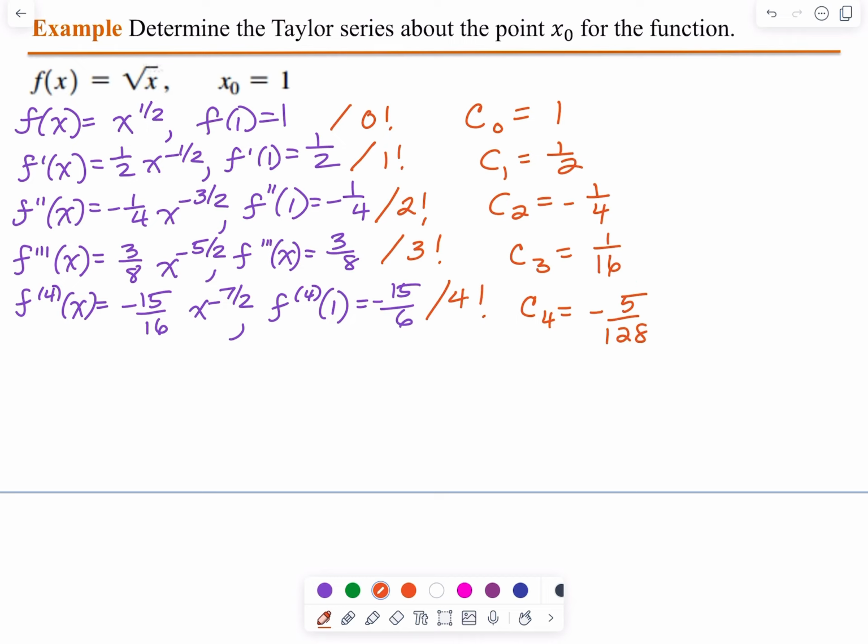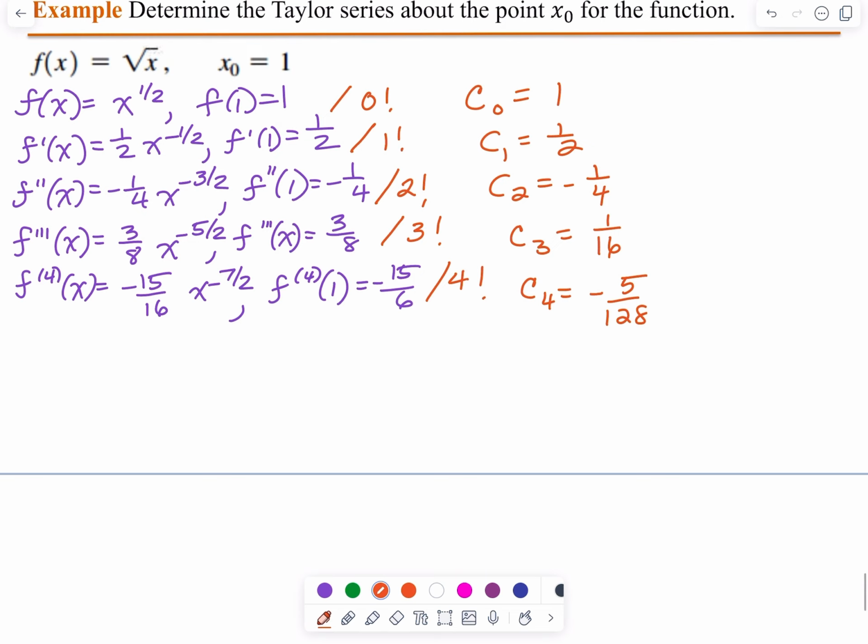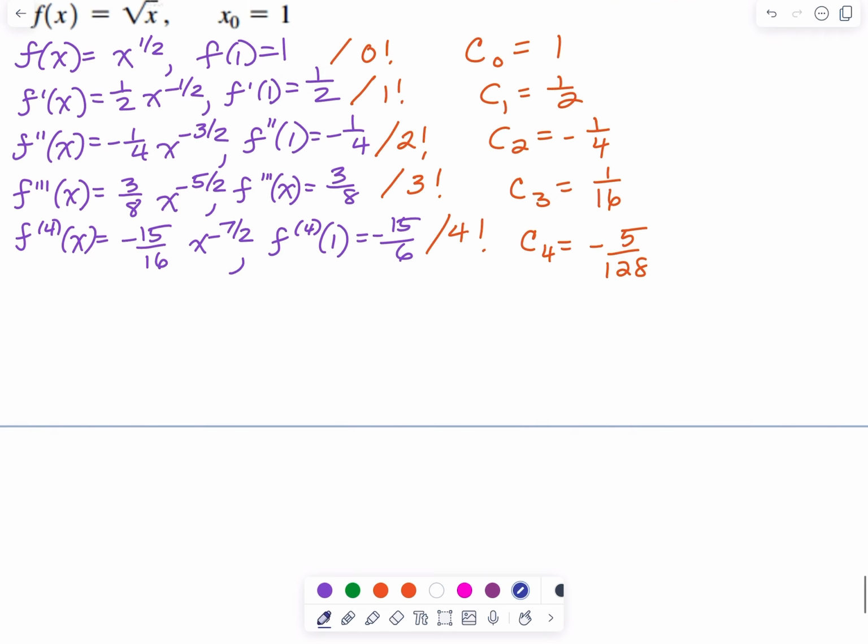So now keep in mind that what we're looking for is the sum from n equals 0 to infinity of that nth derivative evaluated at 1 divided by n factorial, and these are our c's. Those are our c sub k's, or you could just call them c sub n's. Okay, but we still have to then multiply by x minus 1 to the n. And so that's what we're going to do now.